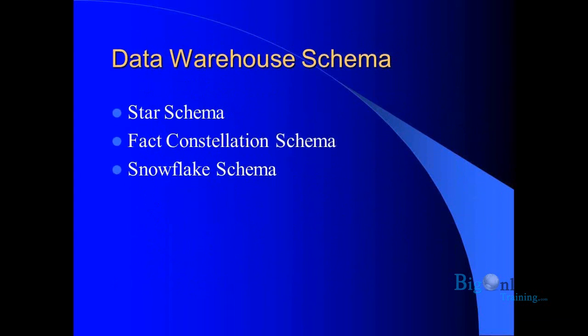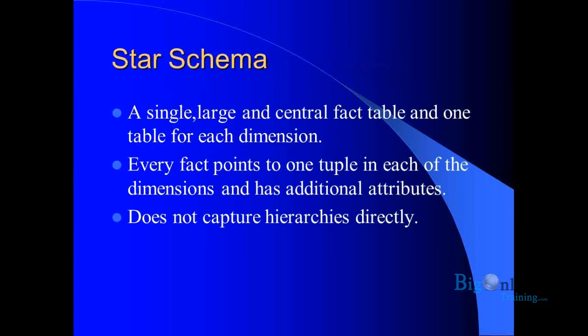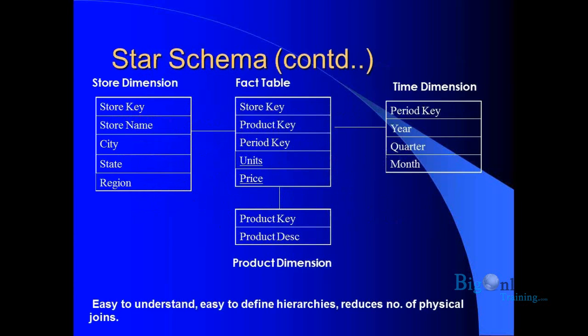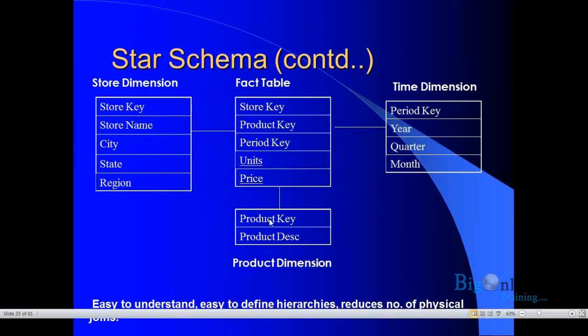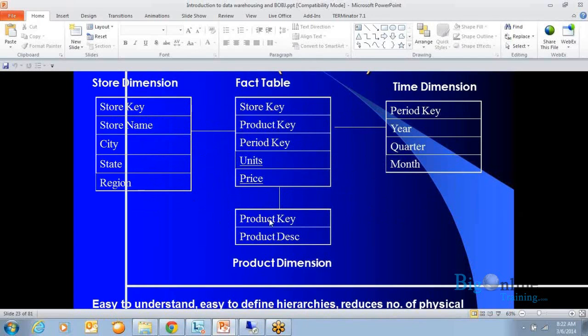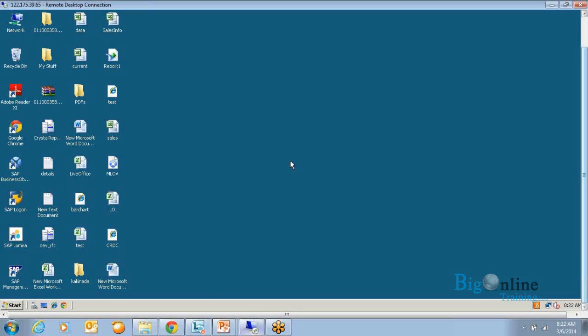So I hope you might have heard about this, but this is how the data will be stored in OLAP that supports multi-dimensional analysis. More in-depth knowledge of OLAP service. Now I'm switching over to business objects reporting tool.